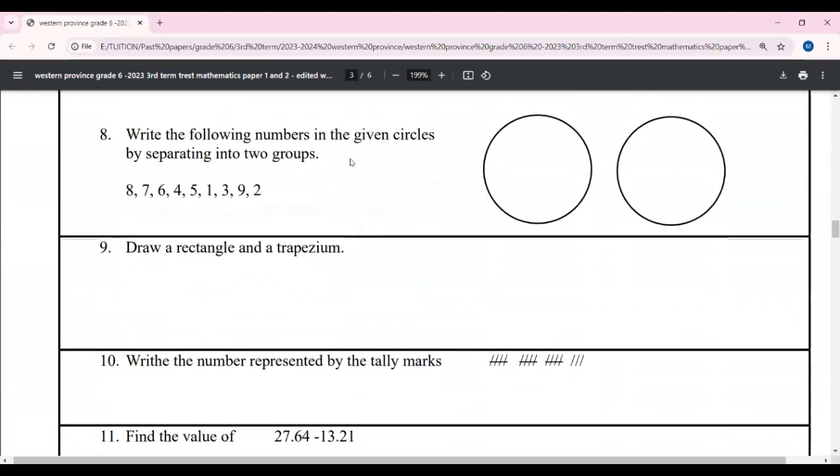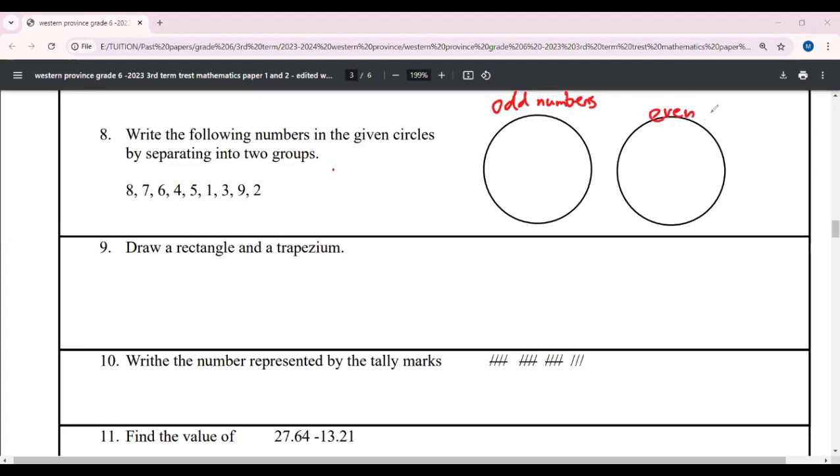Let's see question number 8. Write the following numbers in the given circles by separating them into two groups. We can easily separate these into odd numbers and even numbers.